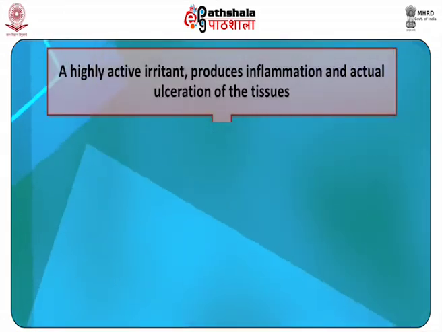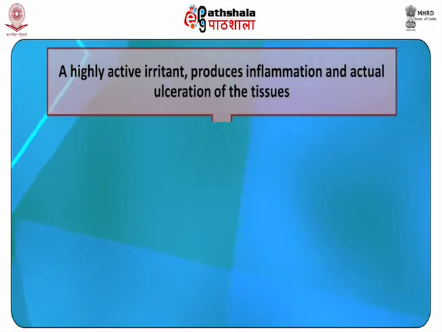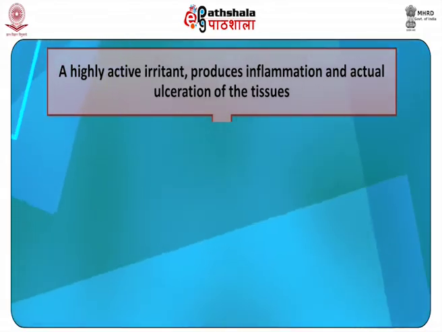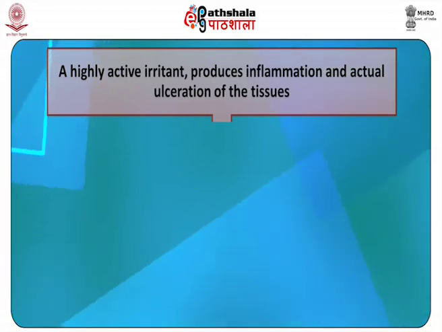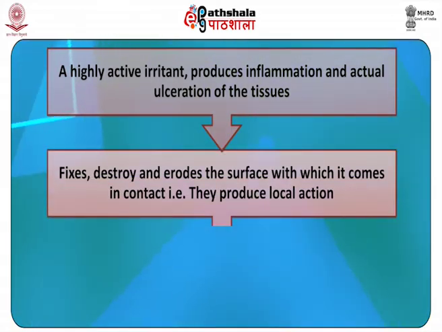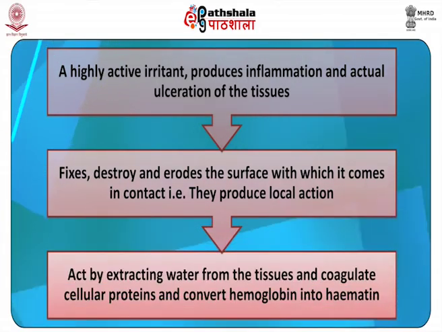Number 1, the corrosive poisons. A corrosive poison is simply a highly active irritant and not only produces inflammation but also actual ulceration of the tissues. Basically, a corrosive poison fixes, destroys and erodes the surface with which it comes in contact. That is, they produce only local action. They act by extracting water from the tissues, coagulate cellular proteins and convert hemoglobin into hematin.